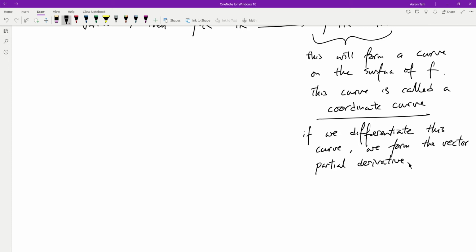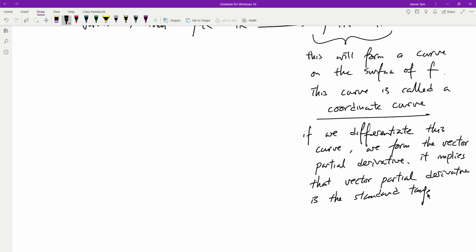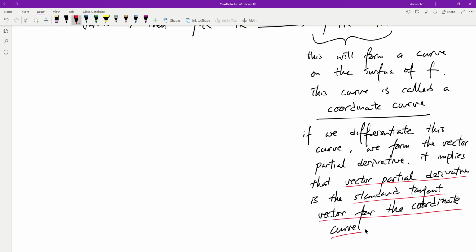Therefore, that implies that our vector partial derivative is the standard tangent vector for the coordinate curve. So that's important: the vector partial derivatives are actually the standard tangent vectors for the coordinate curve.